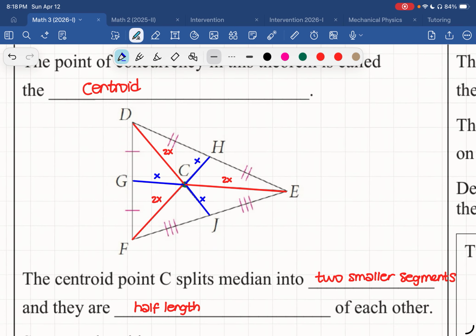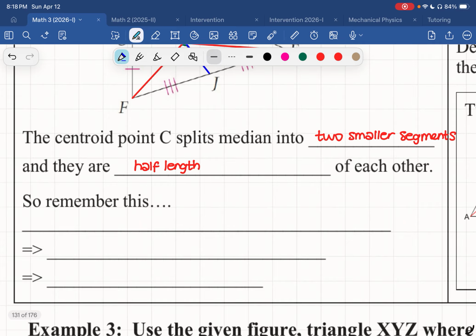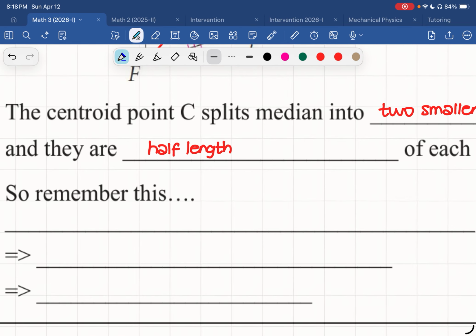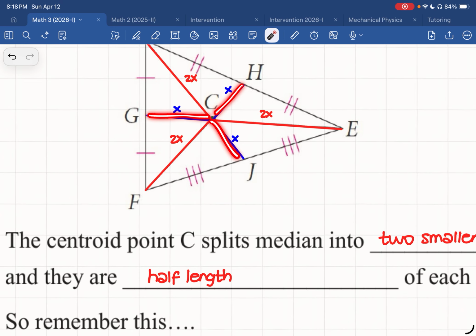Okay, so what I'm saying with this is we're using blue for the small lengths, right? And we're using red for the large lengths.